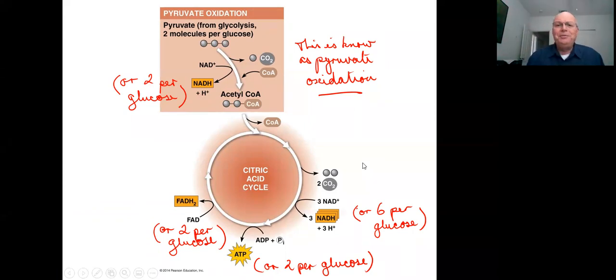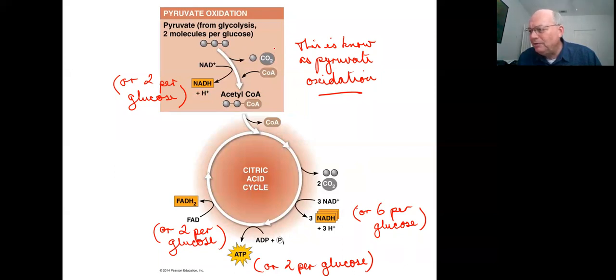So at the end of the citric acid cycle, we have finished the chemical disassembly of glucose, and all of the glucose, or specifically the carbons from the glucose, are now in the form of carbon dioxide. So if we do the math, we can see that. So we look at the carbon dioxide coming from the pyruvate oxidation.